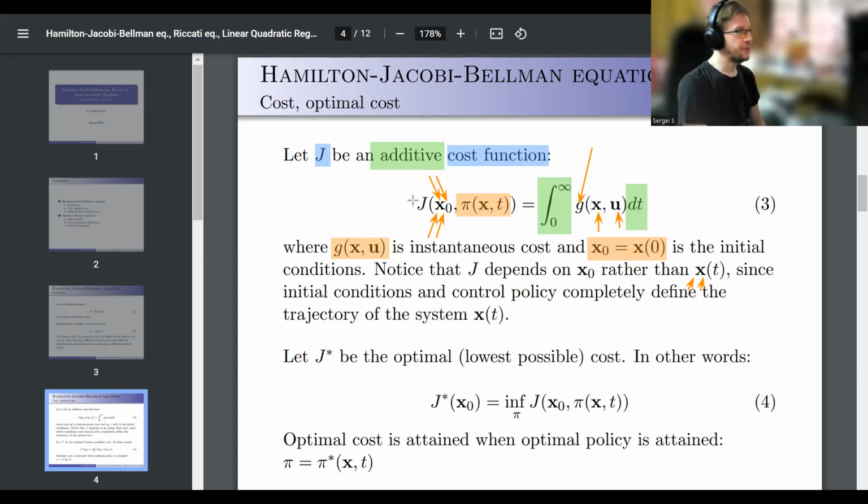So cost doesn't actually depend on x of t. It depends only on the initial condition, because x of t itself depends on the initial condition and control policy. So the cost only depends on the initial condition and control policy, which kind of makes sense. You can say my cost will depend on where I start and how I drive my road.